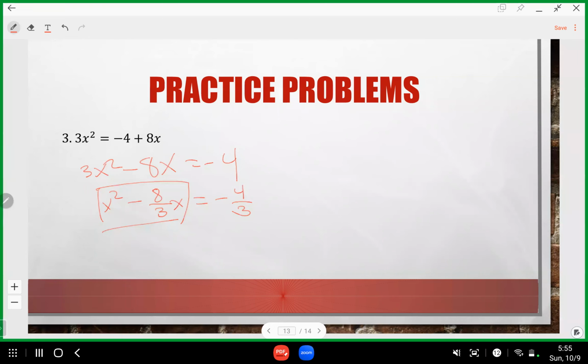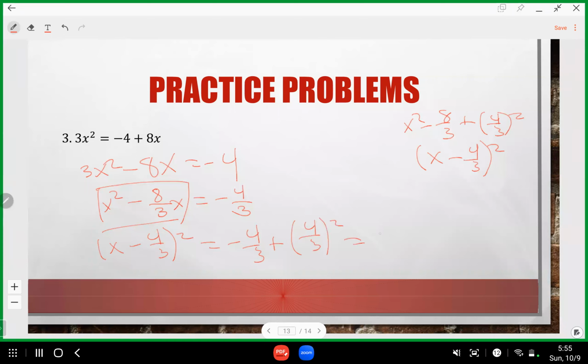So half of 8 over 3 is just 4 over 3. So you see our perfect square is going to be x minus 4 over 3 squared. Don't forget to add this to the other side.